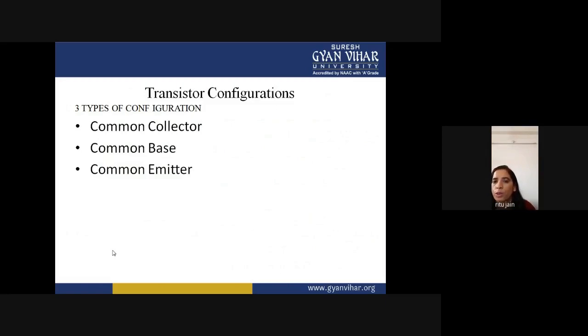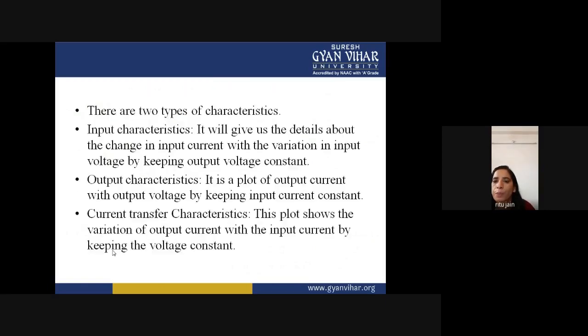So first we will discuss what the common collector configuration is. After that we will discuss the common base configuration and the common emitter configuration. But first, before going on to this, we will discuss what input characteristic and output characteristic are, or what current transfer characteristic is.